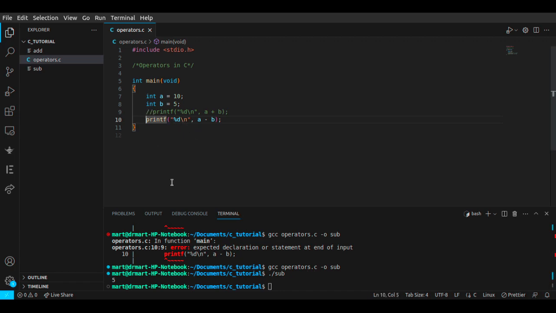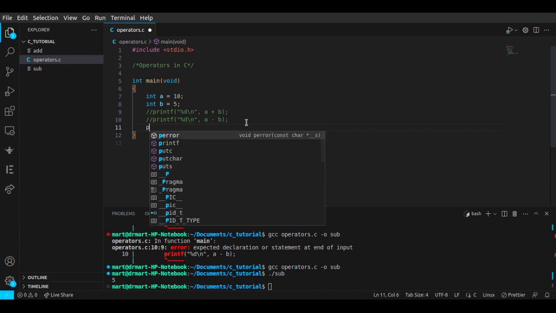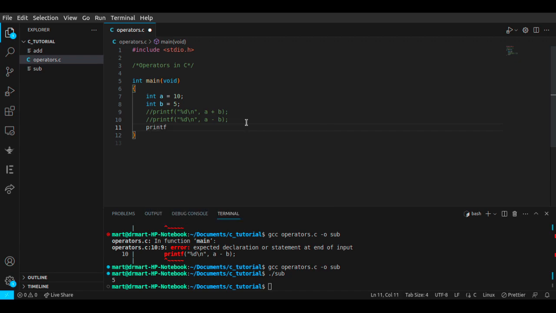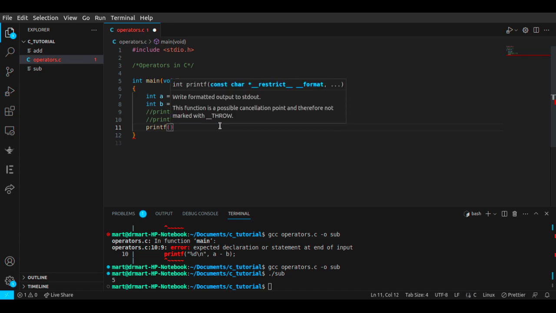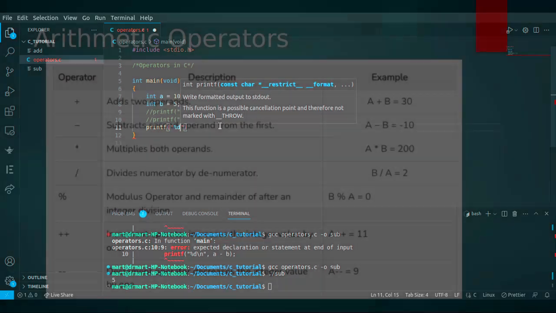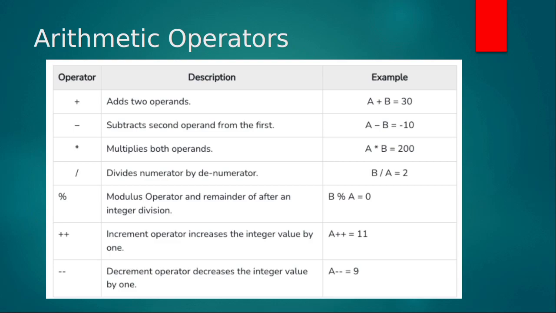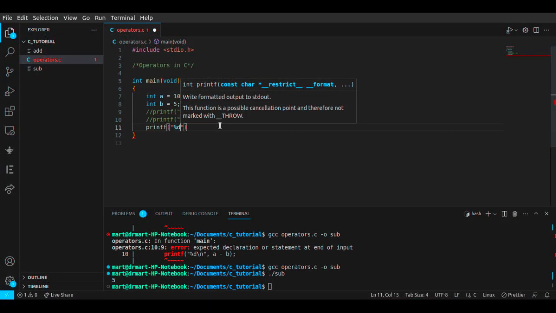Okay, let's comment this out. Printf with %d again. This time around we will try multiplication.